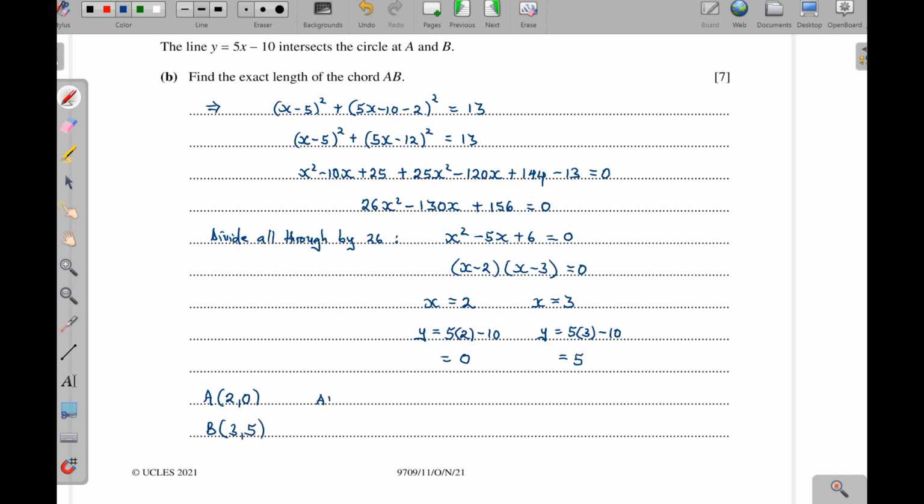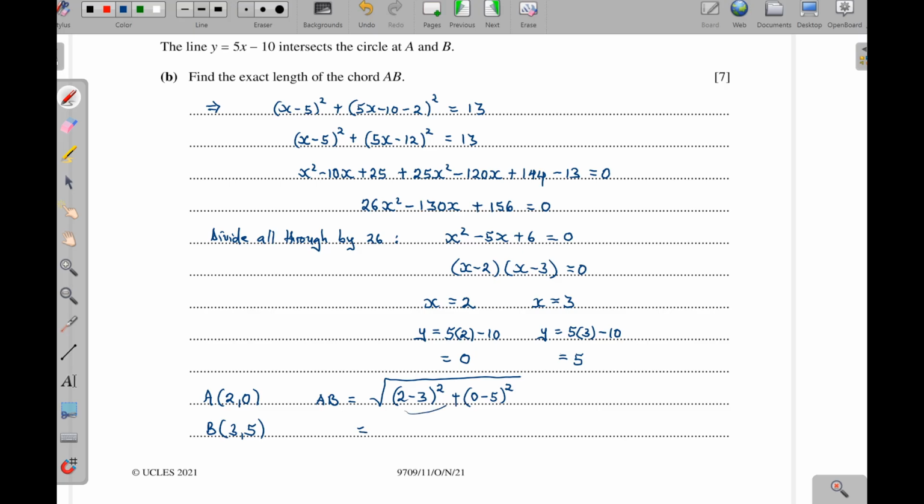Now the length of AB is going to be the square root of the change in x, so we shall have 2 minus 3, then squared, plus 0 minus 5, squared. So what does this give us?